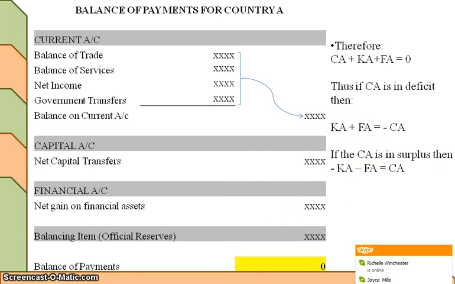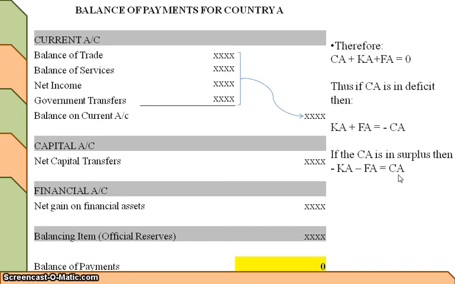Likewise, when you have a surplus on your current account, it means that your country exported more than it imported. It means therefore that you would have received more money coming in than you lost. And it therefore means that with the increase in the foreign exchange that your country has received, domestic residents can possibly now increase their holdings on foreign assets.